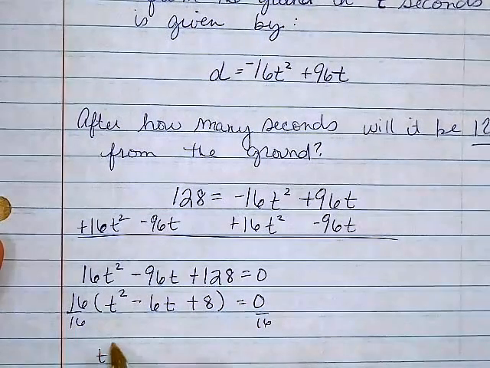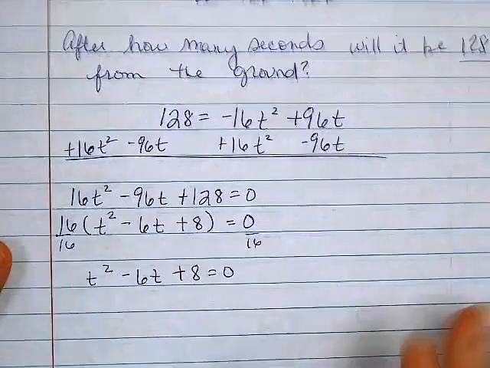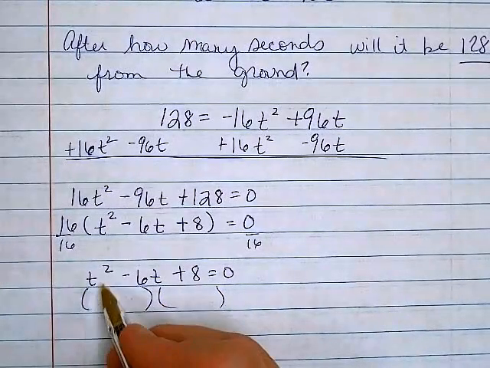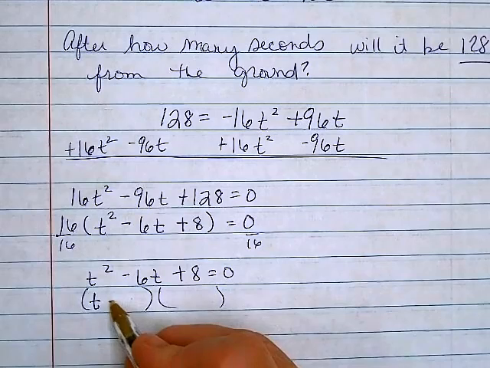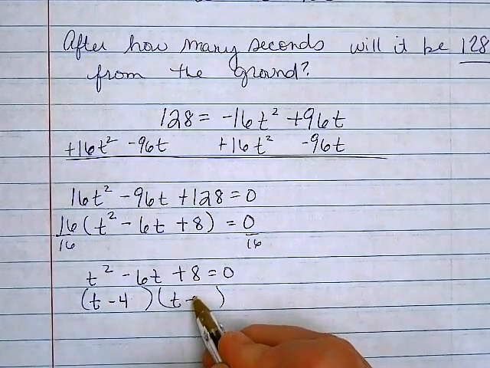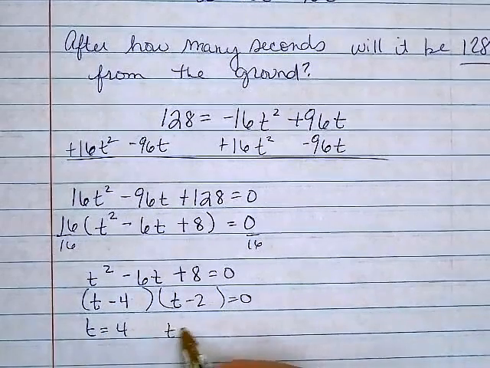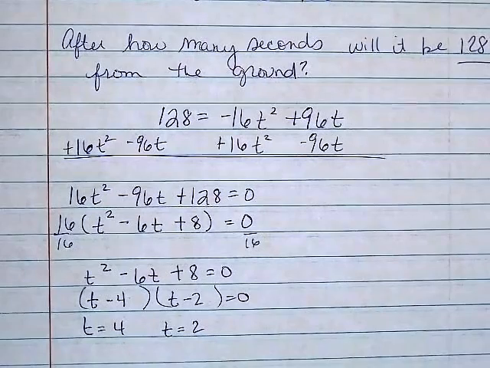Then you're down to t squared minus 6t plus 8 equals 0. And we can factor. And that'll give me t minus 4 and t minus 2. So t is 4 and t is 2.